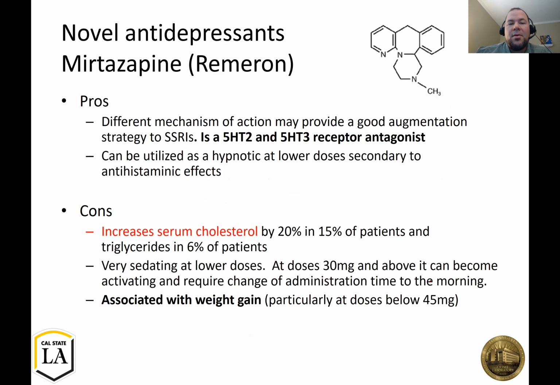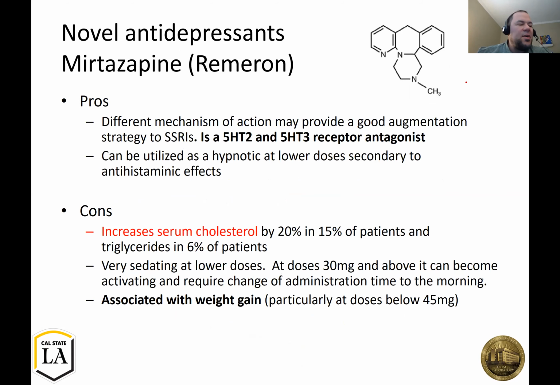Another one, here are some novel ones. So mirtazapine or Remeron, this one has a different mechanism of action. It's a 5-HT2 and 5-HT3 receptor antagonist. So it's hitting a different subclass of these receptors, and so might be useful.